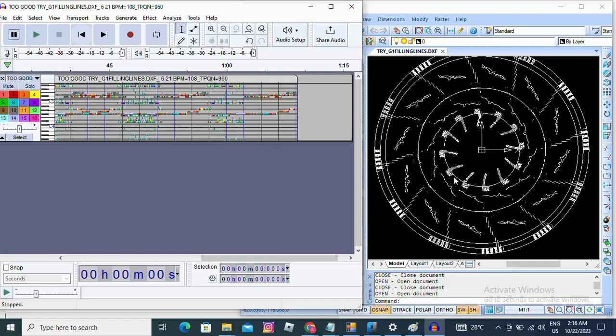The circumference of every circle has 360 degrees, which represents the total duration of the song, and we place the total duration in microseconds, and from that we get the micro tempo value, that is 60,000 divided by tempo, that is 108, the beats per minute.